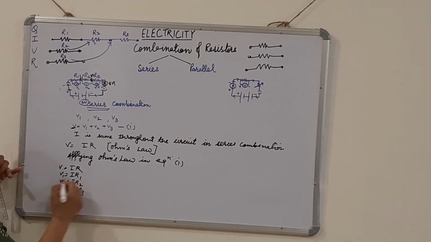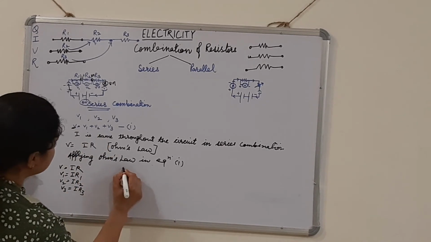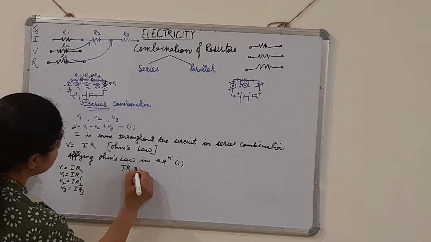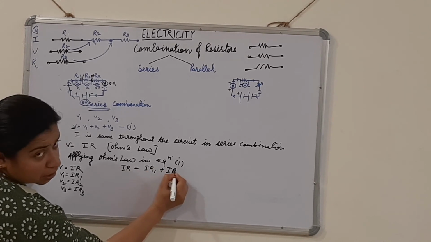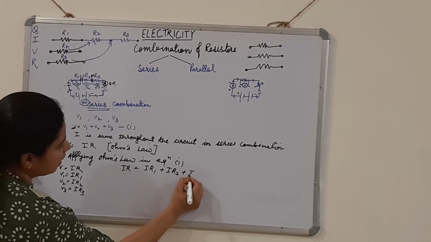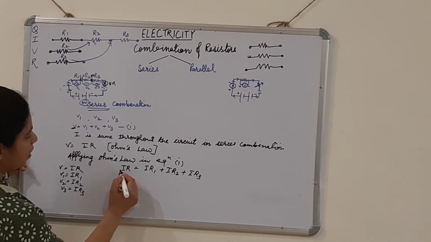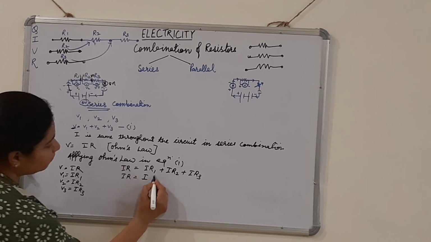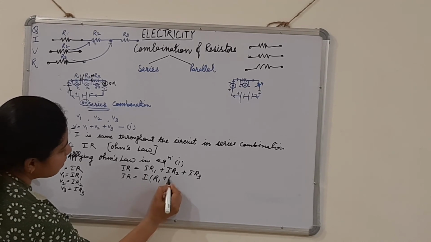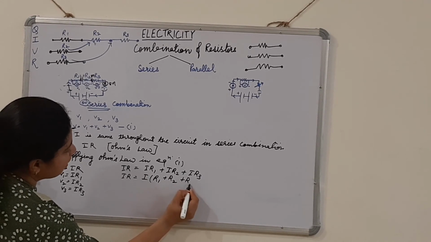Now let me put these values in this equation. I get IR is equal to IR1 plus IR2 plus IR3. Now, I is common here: IR is equal to I times (R1 plus R2 plus R3).